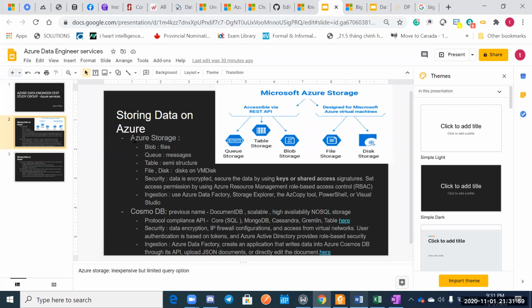So let's talk first about Azure Storage, what it is, and what the main point of it is. For the general storage in Azure, you have two paths. You can see the picture here.